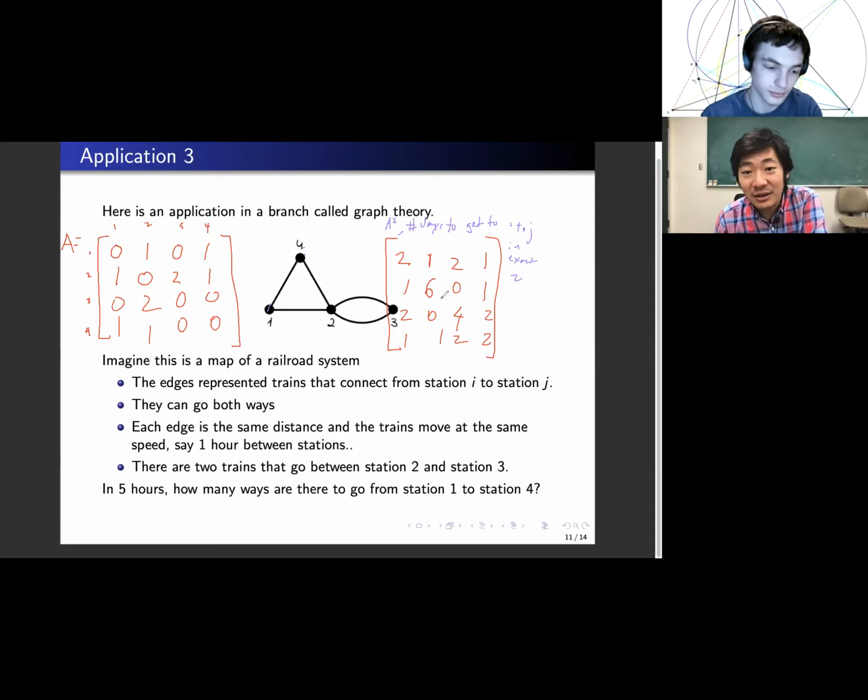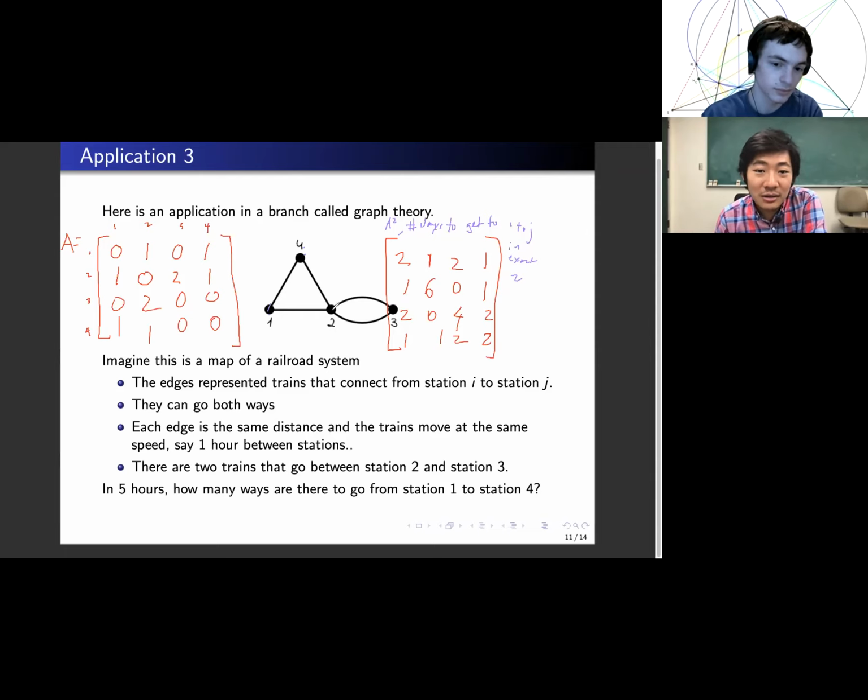So it looks like there's a lot for 2 to 2. I guess you can go this way, 2 to 2 in 2 hours. Let's see. So you can go this way and this way. That's 1 and 2. Okay, and then you can go here and here.